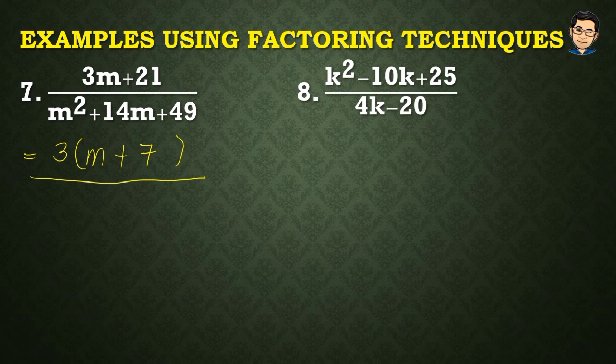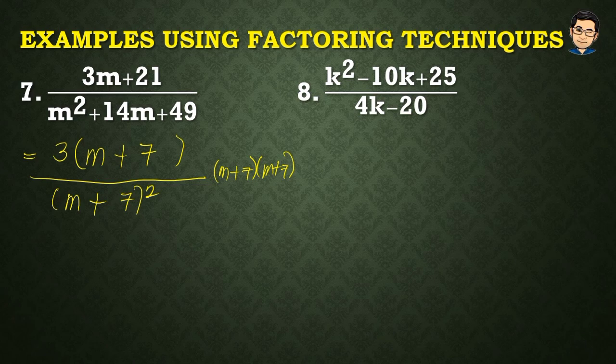Okay, so ang mangyayari, the square root of m squared, that is m, copy the sign of the middle term, and then square root of 49, that is 7, and then squared. Okay? So, ito pong the quantity of m plus 7 squared, pwede din po natin siyang isulat as m plus 7 times m plus 7. Okay? So, shortcut lang po yung the quantity of m plus 7 squared.